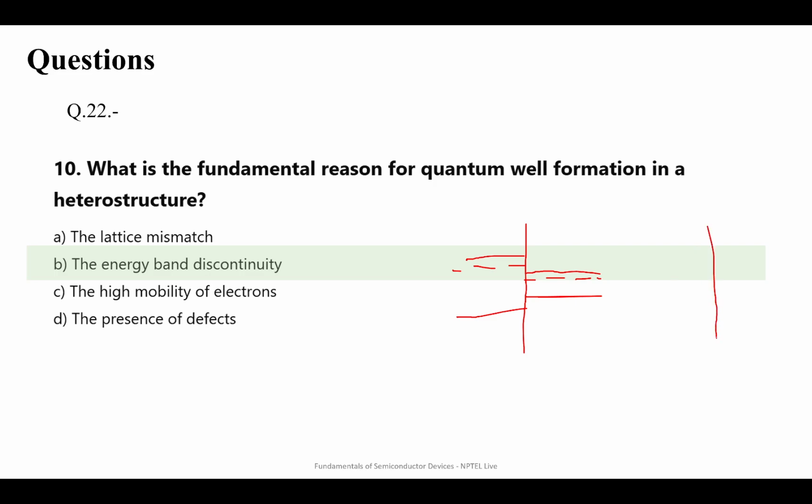Then here my Fermi level will be aligned. But what will happen is this thing will go like this. Band bending is there.